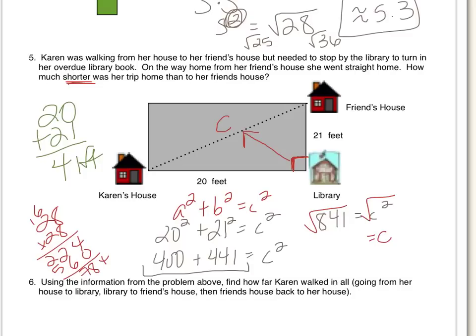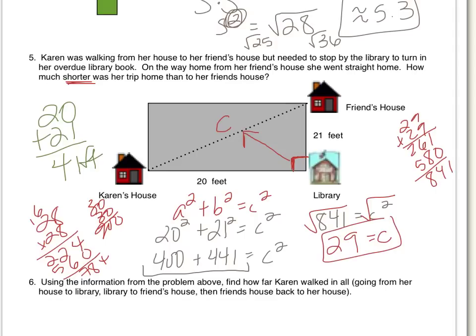Because I know 30 times 30 is 900, that's too big. So I'm going to do 29 times 29, and it's 841 actually, so that's 29. But is that my final answer?